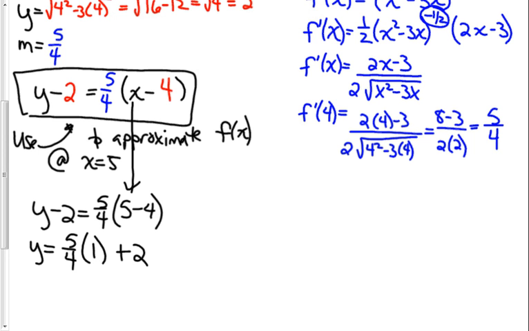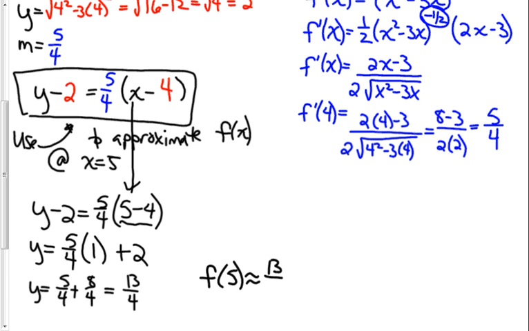All I did was add 2 to both sides, and then I also evaluated that 5 minus 4 is 1. And that leaves me with 5 over 4 plus 8 over 4, which gives me 13 over 4. So f of 5 is approximately 13 over 4. And there is my approximation.